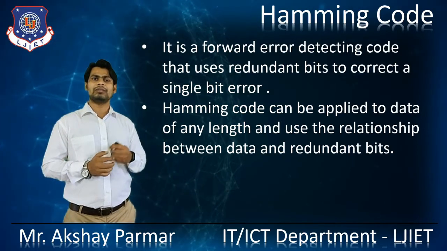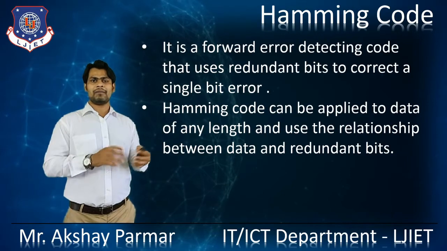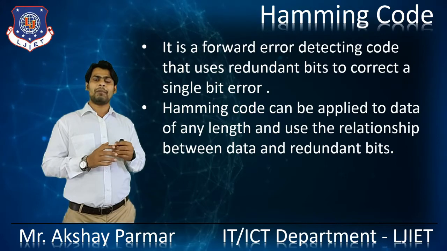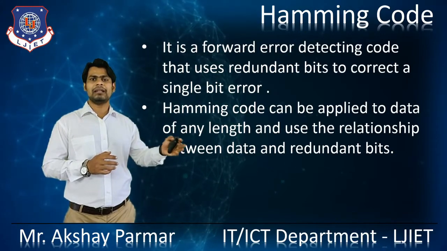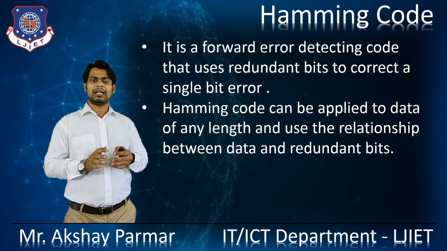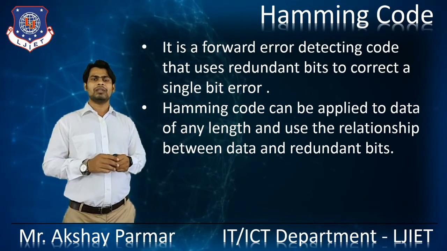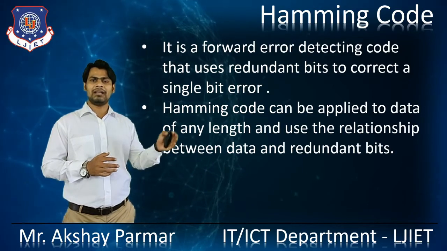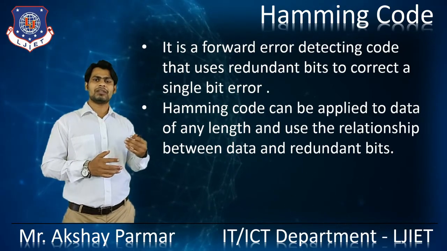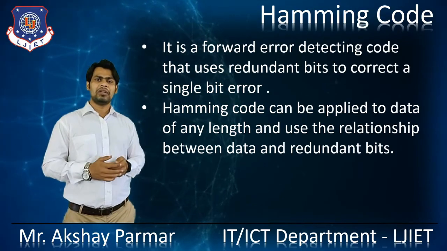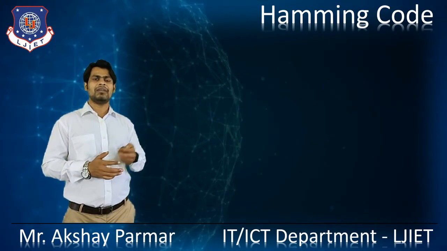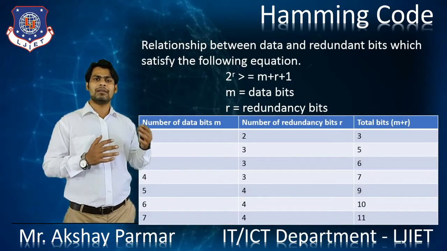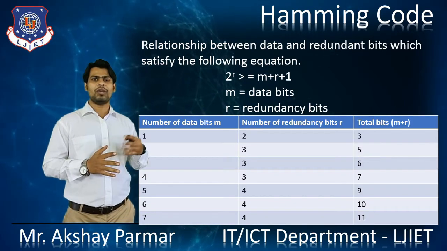Hamming code can be applied to data of any length and uses the relationship between the data and the redundant bits, which are added with the data frames. Let's see the relationship between the data and the redundant bits, which satisfies the following equation.